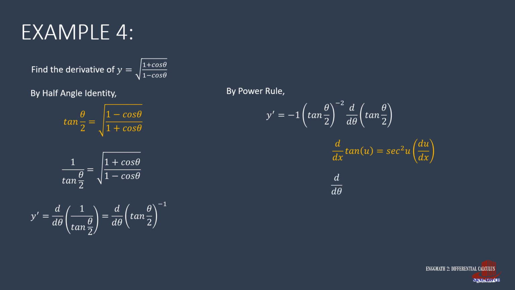So the derivative of tangent of theta over 2 is secant squared of theta all over 2 times the derivative of theta all over 2. This can be simplified as 1/2, so the resulting derivative is half of secant squared of theta all over 2.